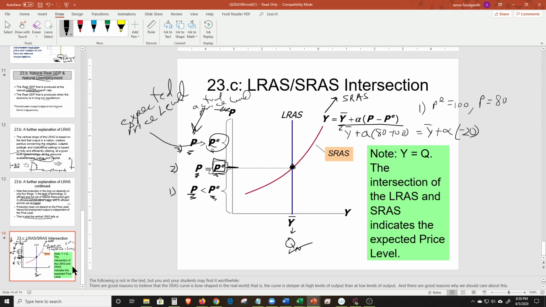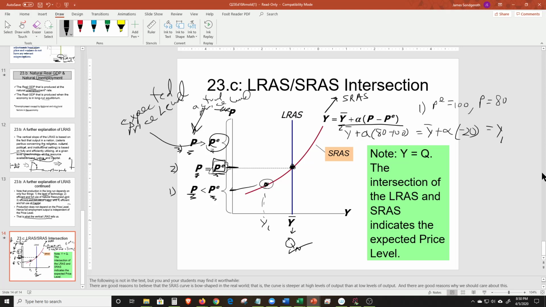So y will end up being down here, let's just call it y1. In other words, at this price level, this is the amount business firms are willing to produce.